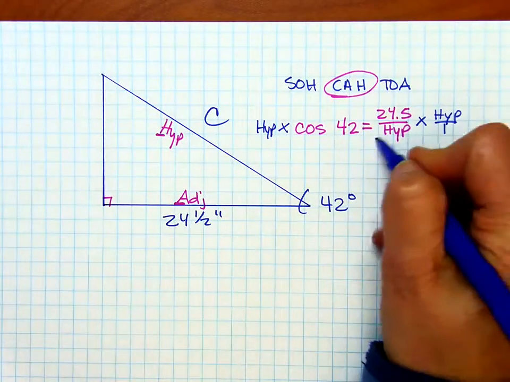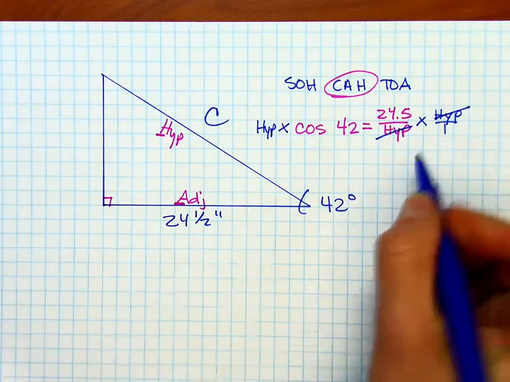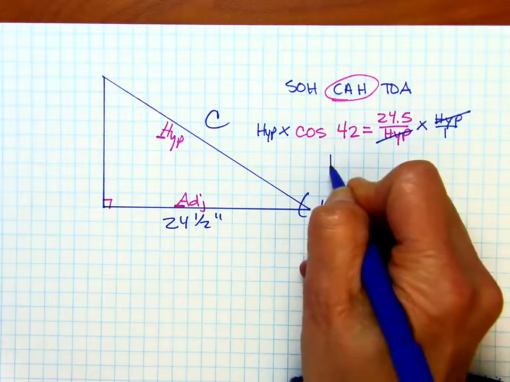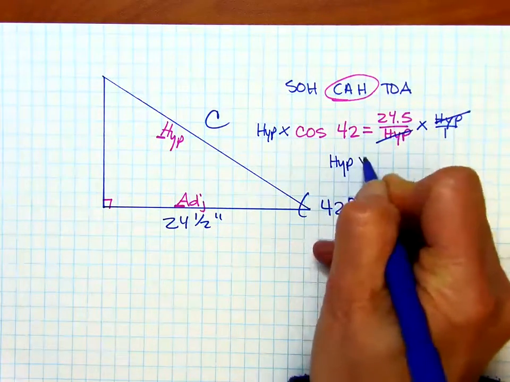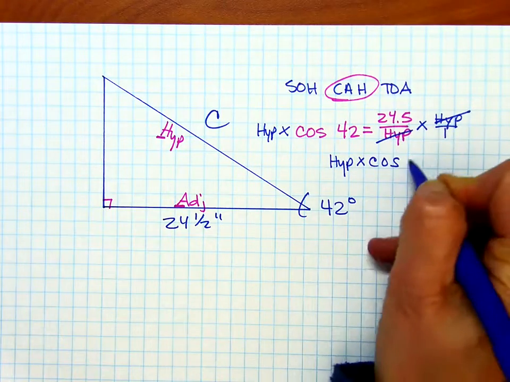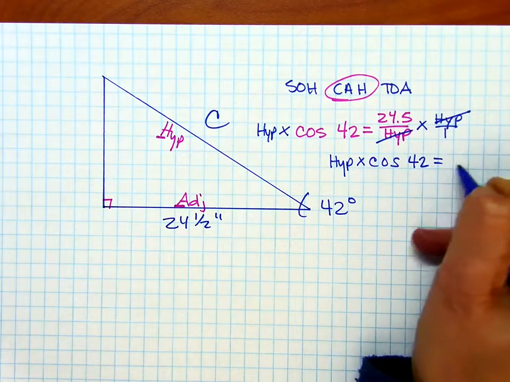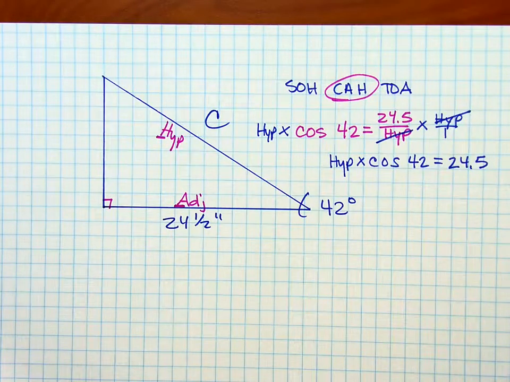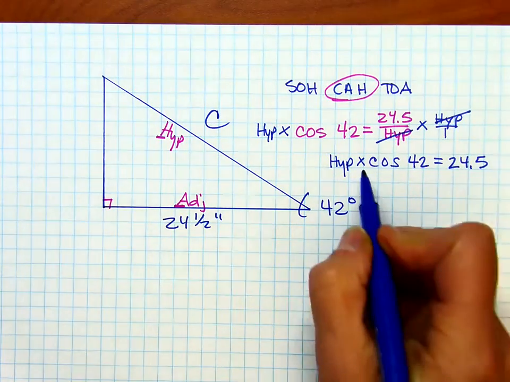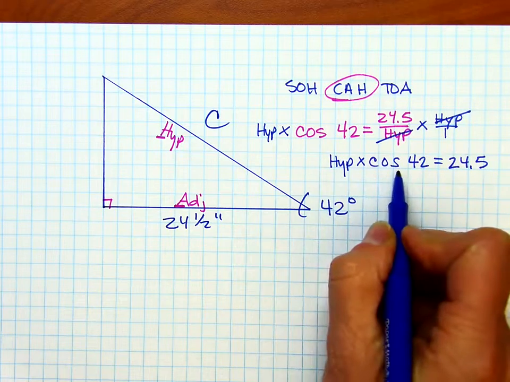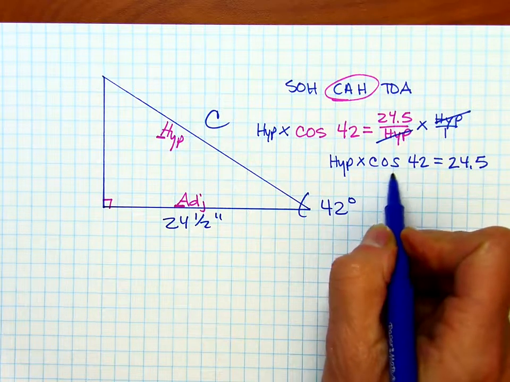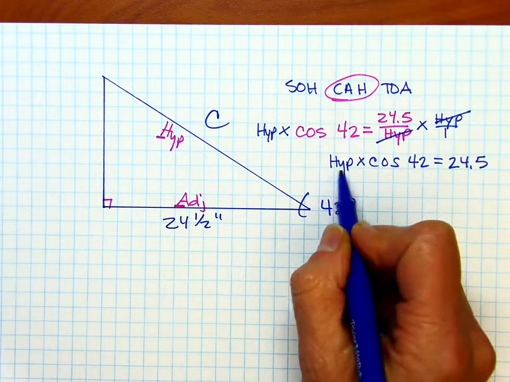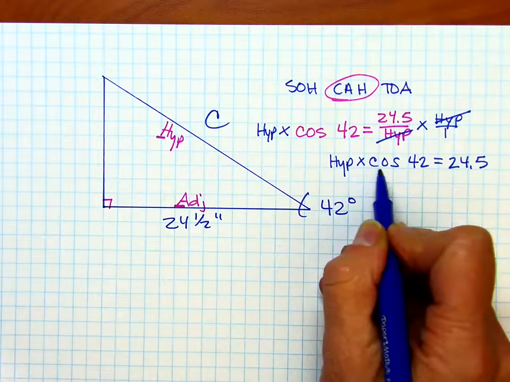And this is going to cancel. And I'm going to just go ahead and rewrite that. So hypotenuse times cosine 42 equals 24.5. Now notice that our unknown part is still attached to another quantity, and so we want to do the opposite of multiplication.